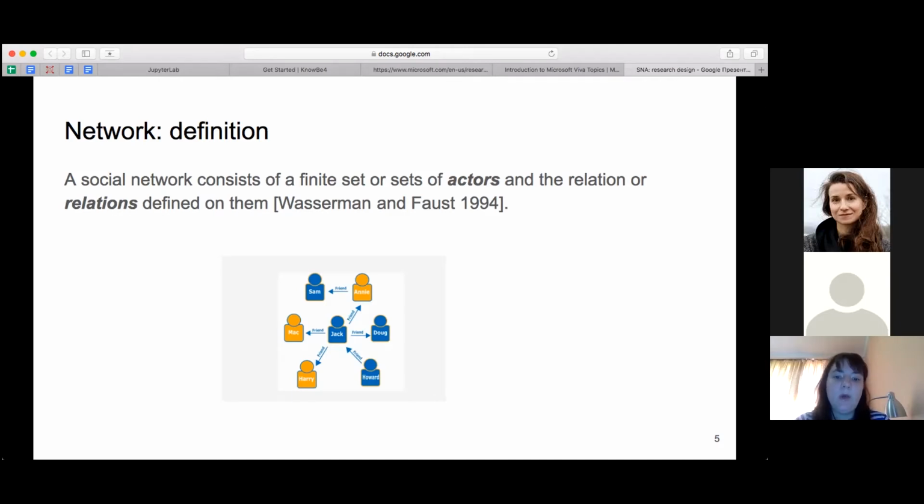So over here we have 2 different sets of units. Firstly, we have individuals, and of course it can be not only individuals, it can be organizations, groups, countries, users of social media, very different subjects and objects. And we also have relationships between them.